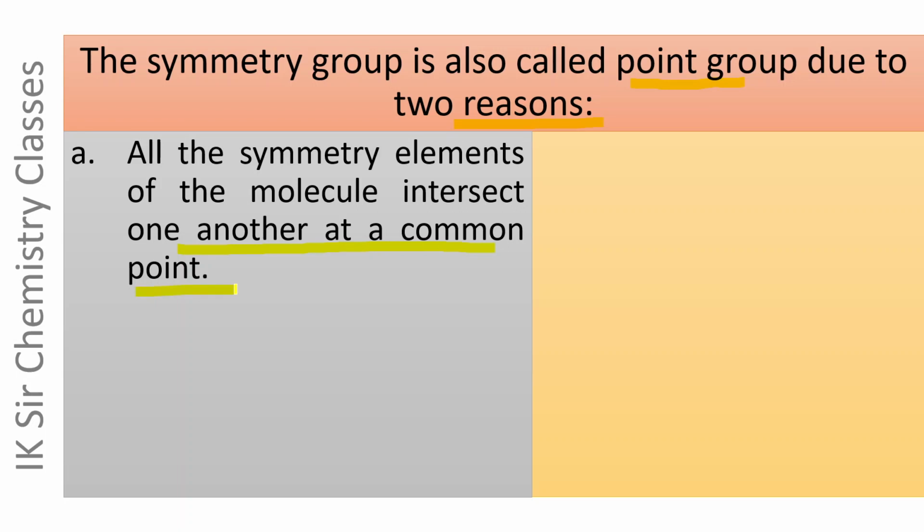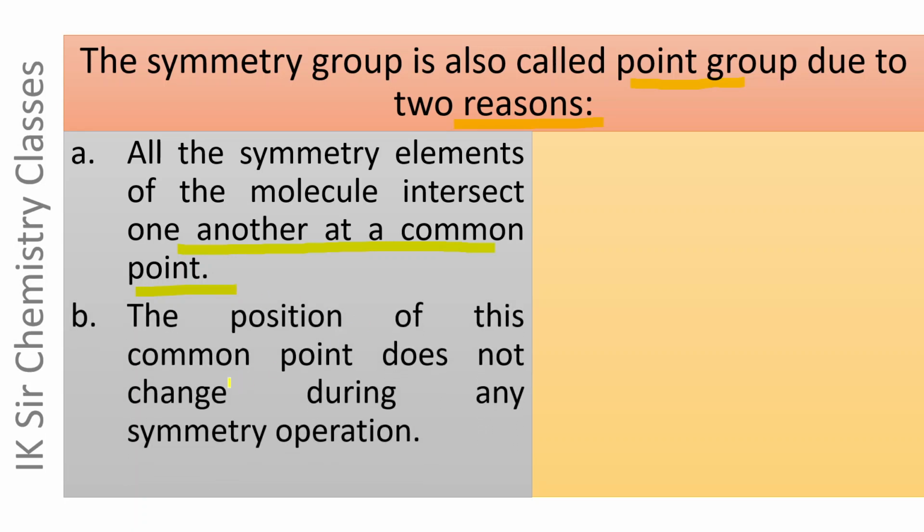It means all the symmetry elements present in a molecule intersect one another at a common point, and the position of this common point does not change during any symmetry operation. And this is why the symmetry group of a molecule is also called its point group.